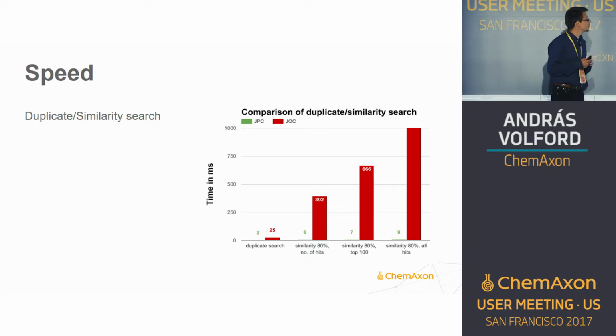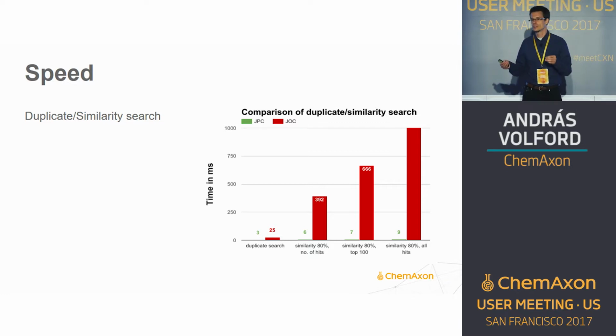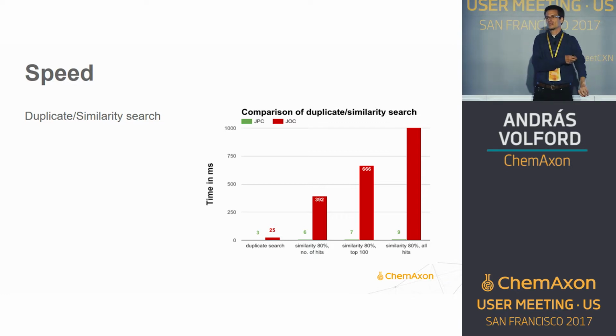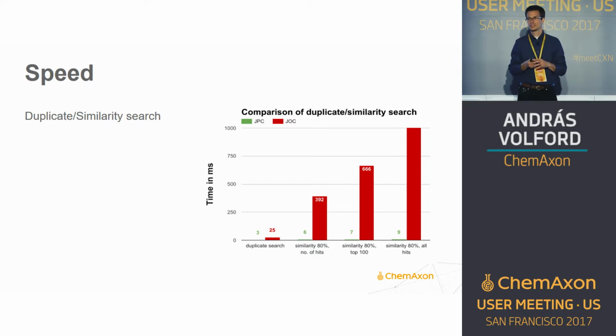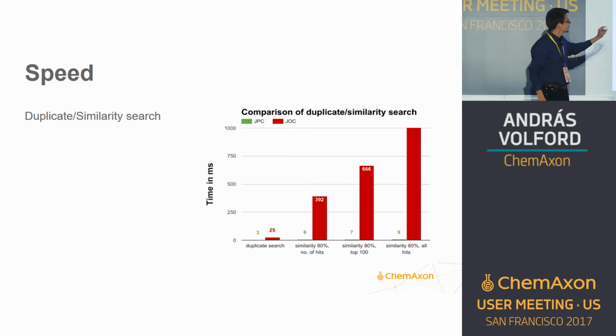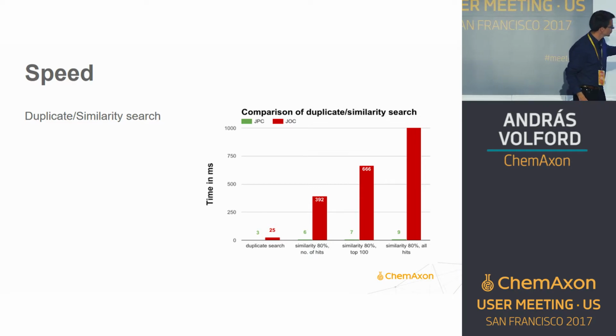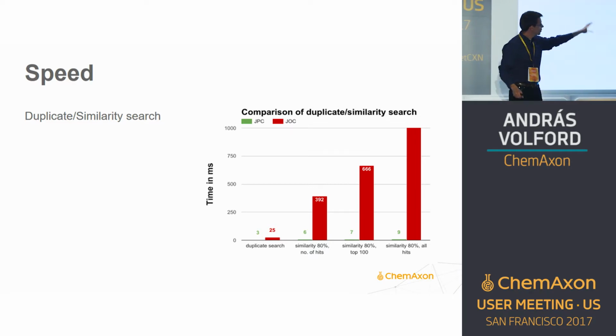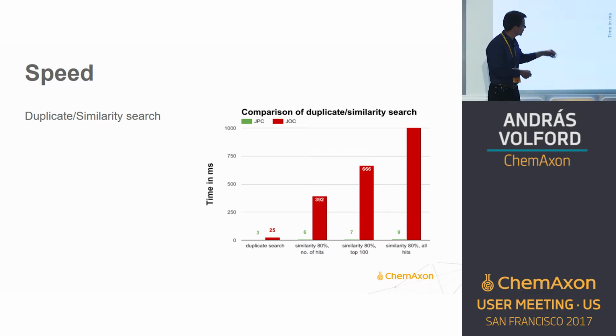Here I will show you a comparison of the Postgres cartridge with the Oracle cartridge. The Oracle cartridge is already, as I told you, in the market. It's a well-known, let's say, industry standard searching engine, and that's why I'm comparing with our tool. The blue one is the JPC, the Postgres cartridge, and it's nearly invisible. What you see in these graphs: the first one is the duplicate search, also called exact search, when you're searching for exactly the same structure.